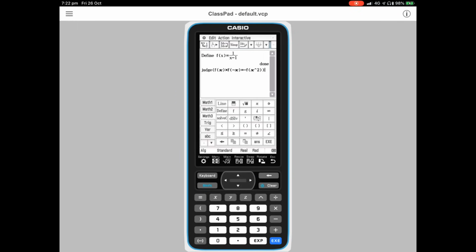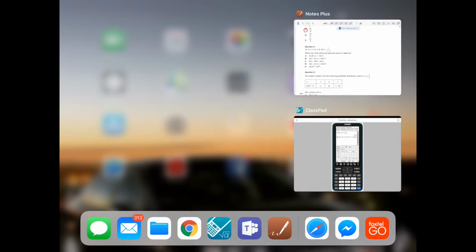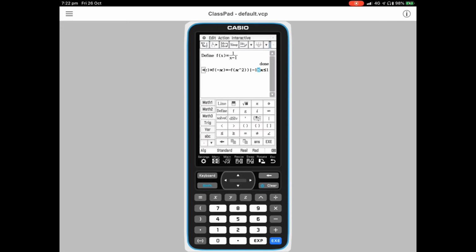And we say given negative 1 is less than or equal to x, which is less than or equal to 1, or was it not equal to? Can't be equal to because it's dividing by 0. Okay, so that's true.